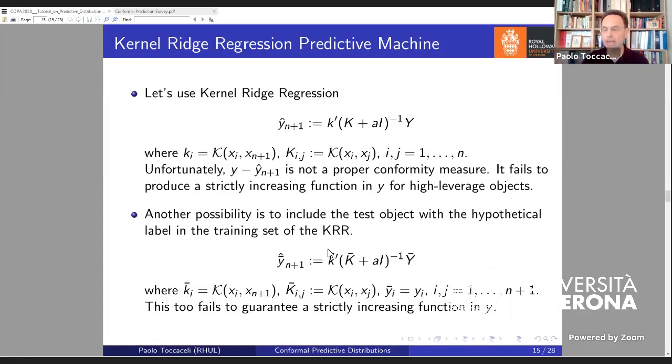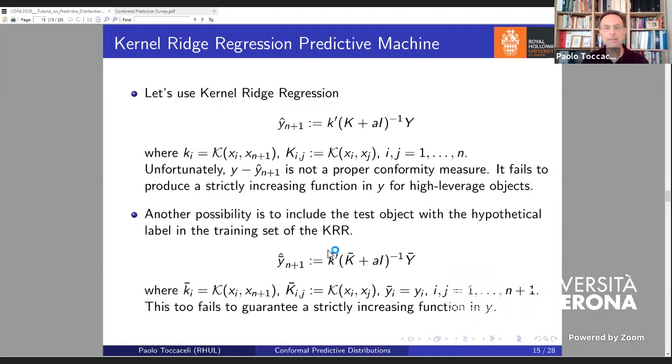So if you have an x which is sort of out there, and whose effect on the prediction is sort of excessive, this leads to the properties that I was requiring a few moments ago not being met.